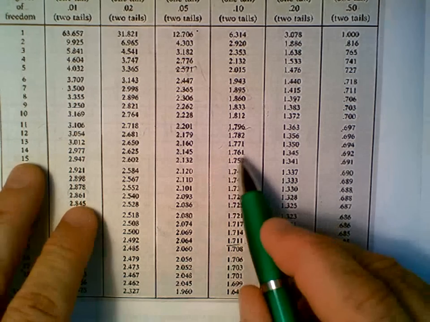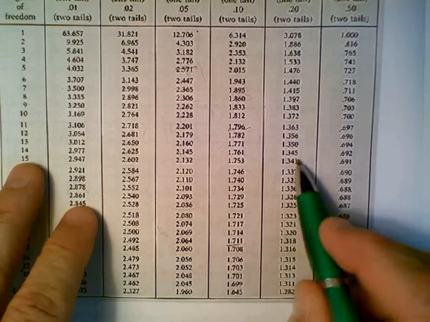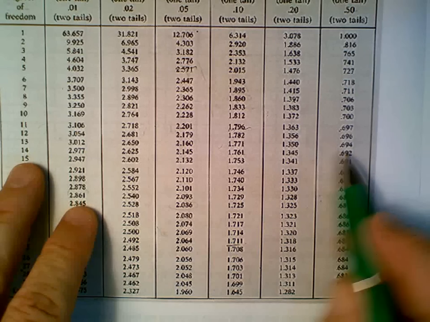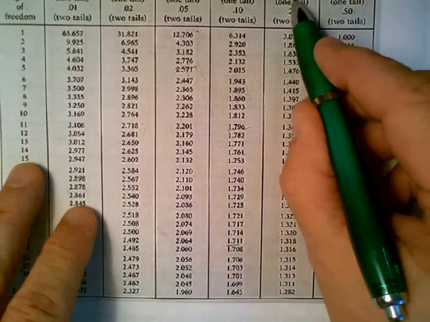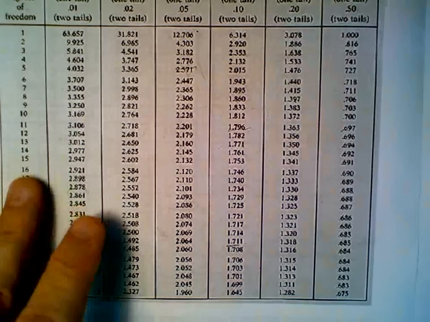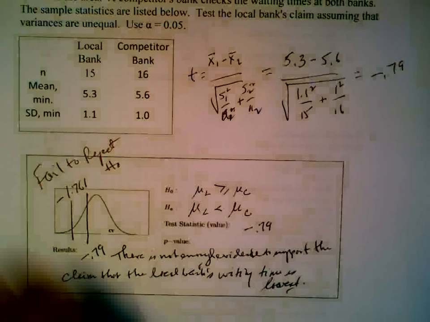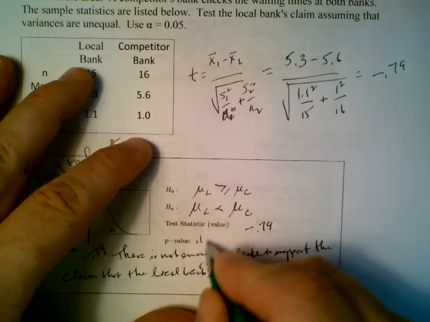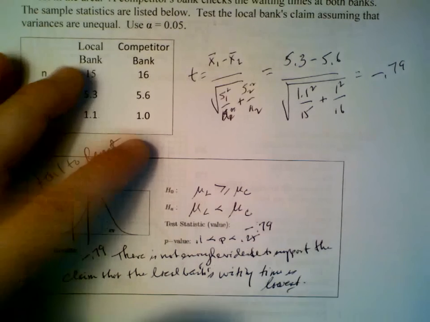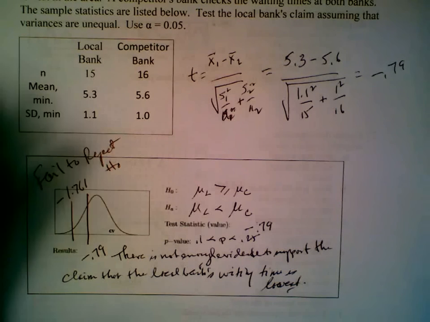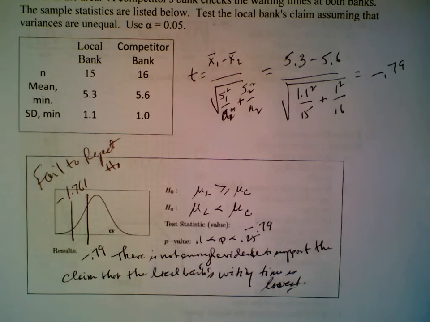We see that at 14 degrees of freedom, 0.79 goes between 0.692 and 1.345. Therefore, the p-value is between 0.1 and 0.25. So 0.1 less than p less than 0.25. Okay. That's the job done the hard way.